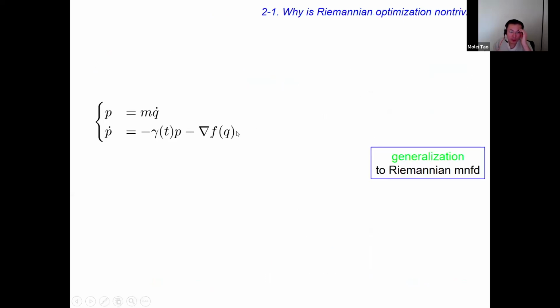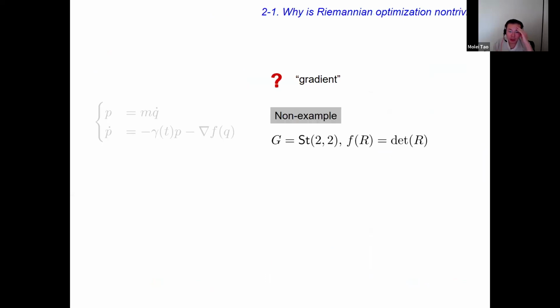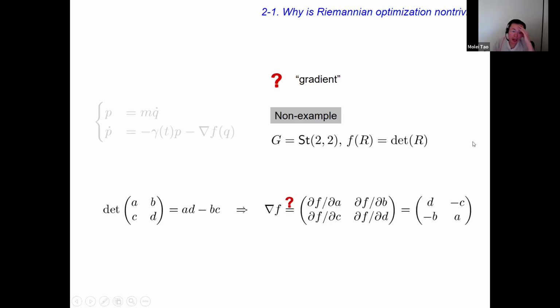If you look at this differential equation, it uses the gradient to create a dynamics that does the optimization. So what is the gradient in the Riemannian situation? Here is a non-example. Consider just the 2x2 orthogonal matrices and a toy loss function, which is the determinant of that matrix.